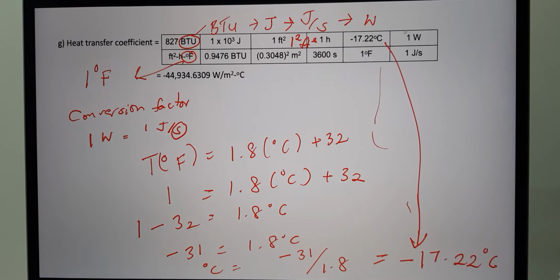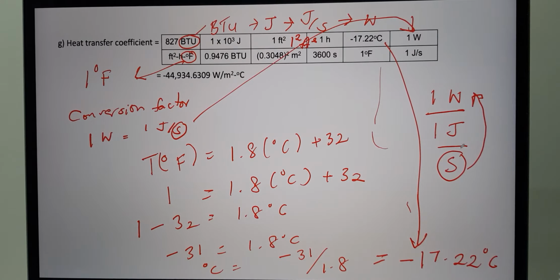Last but not least, from the conversion factor over here, 1 watt equals 1 joule per second. Because this particular second is at the bottom, you need to bring it upward, so that it becomes 1 watt second per 1 joule.